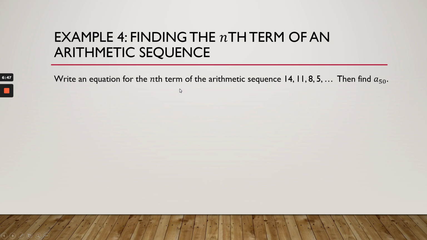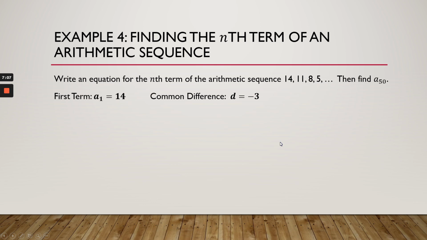We want to write an equation for the nth term of this sequence. All right, so our first term is a of 1, and our common difference here was a negative 3. It was always going down by 3.